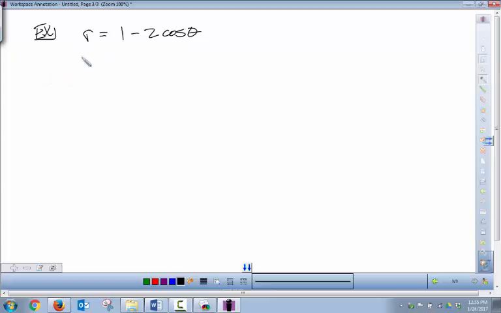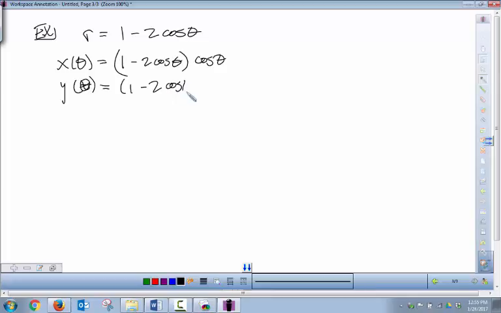So find dy dx. You need to first write the x and y functions as functions of theta, or t if you want. Let's use theta. And x will be 1 minus 2 cosine theta times cosine theta. And the y of t, or y of theta, is 1 minus 2 cosine theta times sine theta.